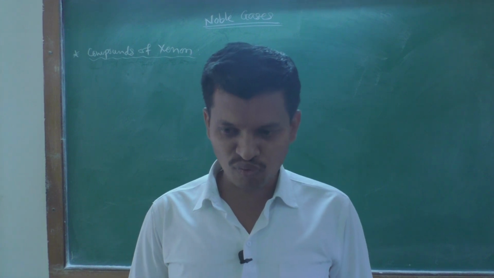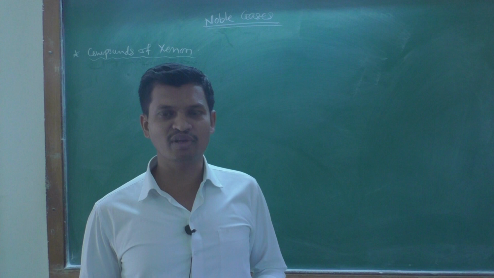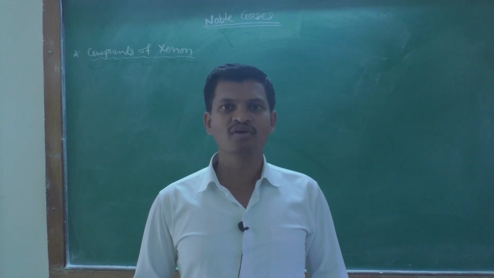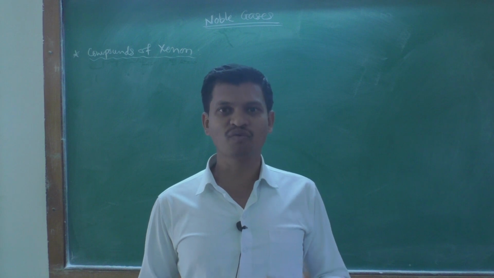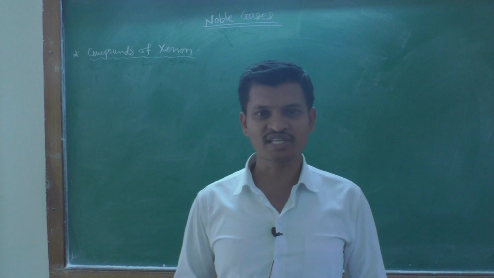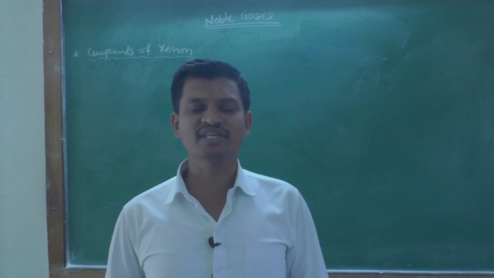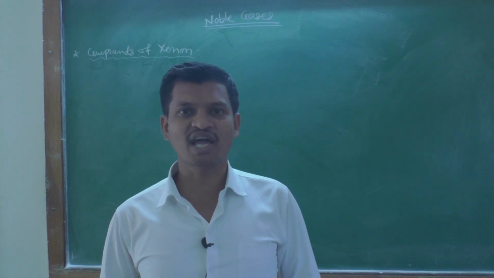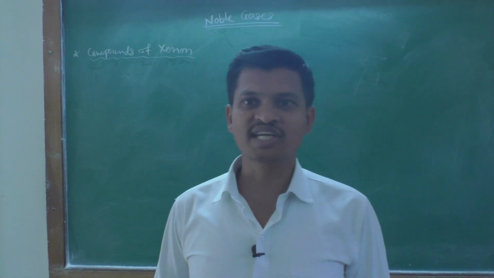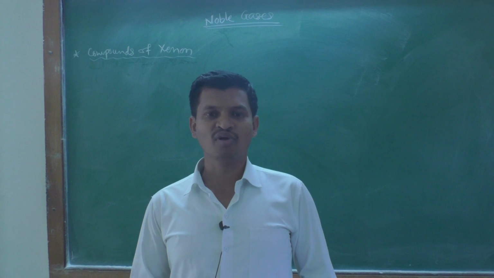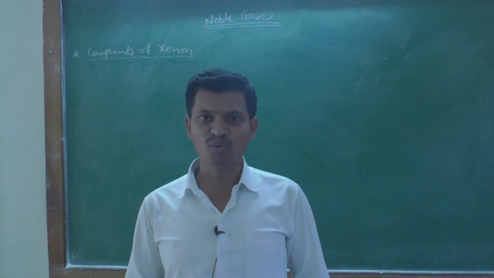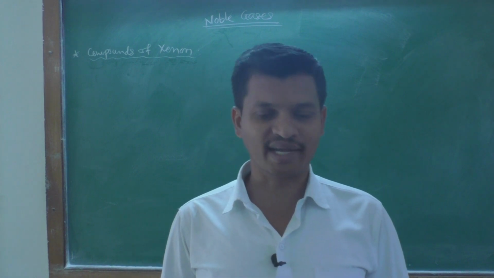Both fluorine and oxygen are electronegative elements in the periodic table, with fluorine ranking number 1 having 4.0 electronegativity on the Pauling scale, and second is oxygen, which has 3.5 electronegativity. Xenon is able to form fluorides and oxyfluorides with fluorine and oxygen atoms.